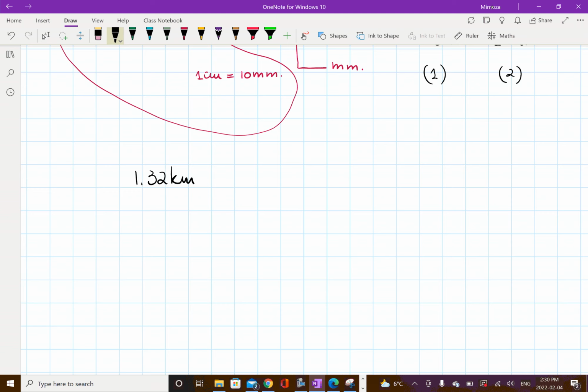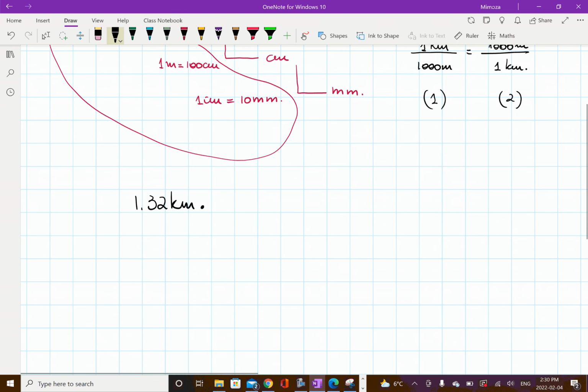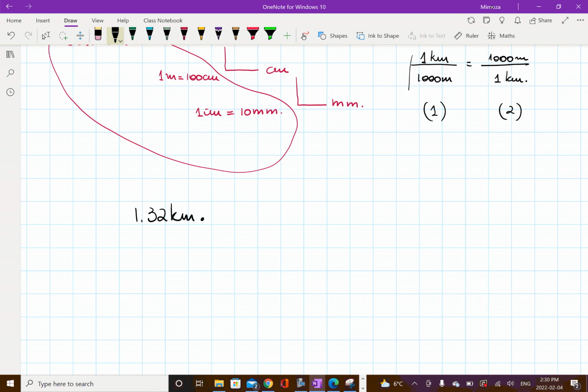1.32 kilometers. And then we will multiply by a ratio of 1. In 1 kilometer we have 1,000 meters, or if we have 1,000 meters, then we have 1 kilometer. They are both a ratio of 1, but the ratio that we are multiplying by has to have the units that we want to cancel, kilometers in our case, in the opposite place.